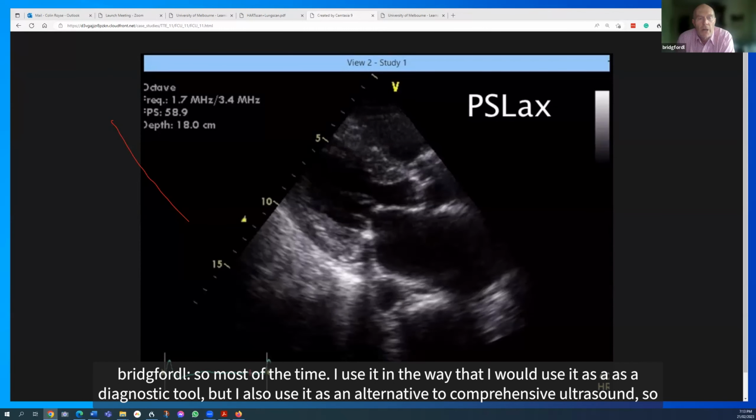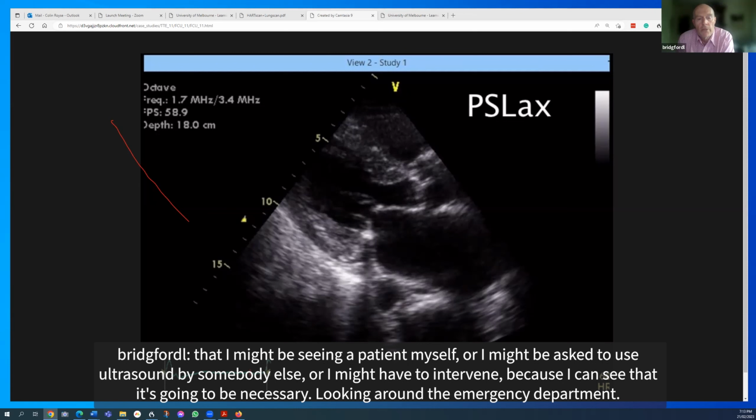So most of the time I use it as a diagnostic tool, but I also use it as an alternative to comprehensive ultrasound. So I might be seeing a patient myself, or I might be asked to use ultrasound by somebody else, or I might have to intervene because I can see that it's going to be necessary looking around the emergency department.